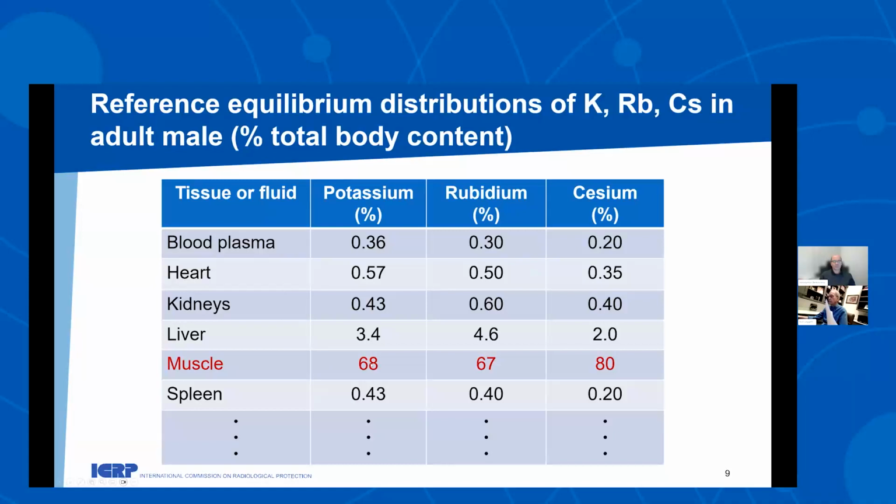Of note is the fact that most of the body's potassium, rubidium, or cesium in the adult male is contained in skeletal muscle. About 2/3 of it in the case of potassium and rubidium, and about 80% as reference values for cesium.